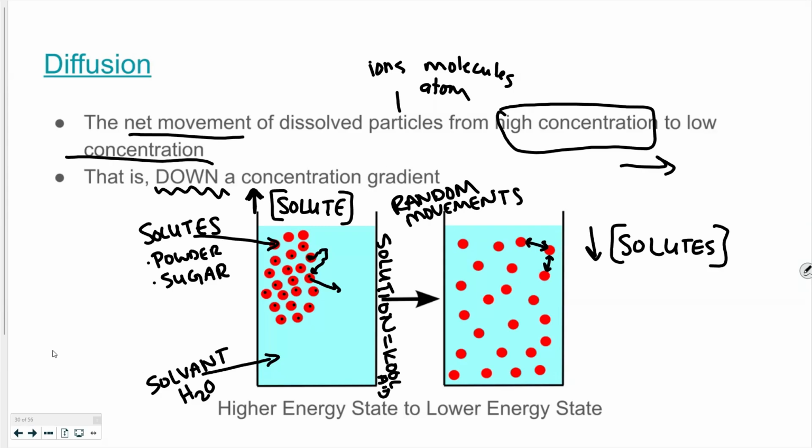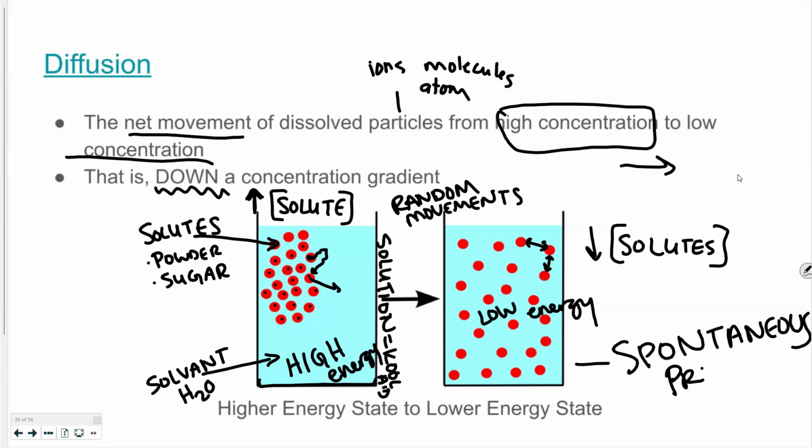So this high concentration is at a high energy state. And where the solutes are spread out, it's at a lower energy state. This again is a spontaneous process where there's no added energy needed to go from this high concentration, high energy state to this low concentration, low energy state.